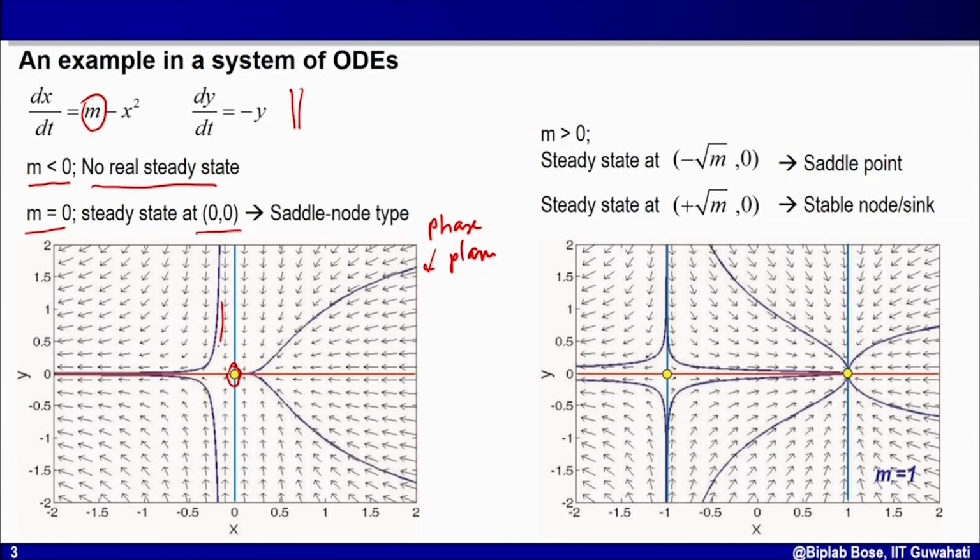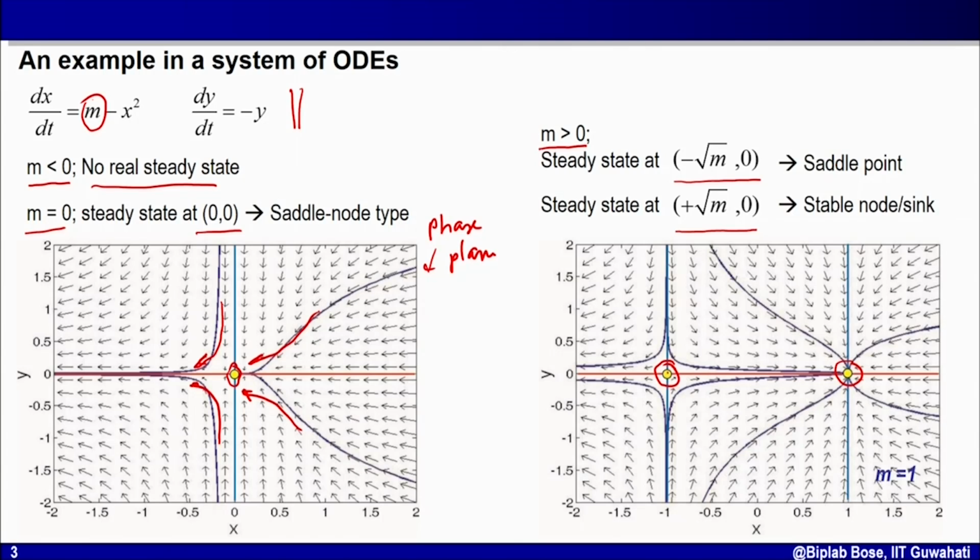On one side, trajectories are moving away, whereas from the other side the trajectories are collapsing. Now if I change m and make it bigger than 0, a positive value, then I will have two steady states, (minus root m, 0) and (plus root m, 0). In the phase plane you can see these two possible steady states when m is greater than 0.